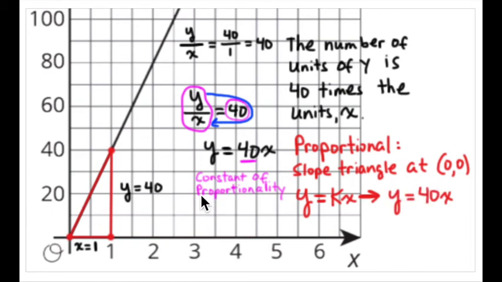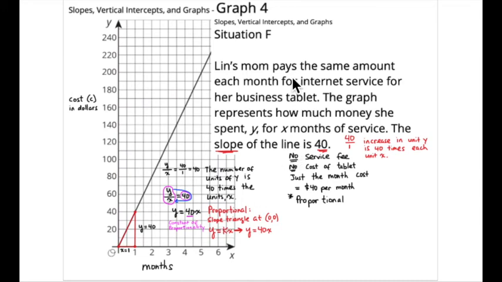Remember that the slope triangle started at 0, 0 over here. So the story, Lynn's mom pays the same amount each month for her internet service. She didn't pay anything for the tablet, or at least she's not including that in the cost. And so each month her service goes up $40. So the cost in dollars is 40 times the number of months, because each month she pays $40.